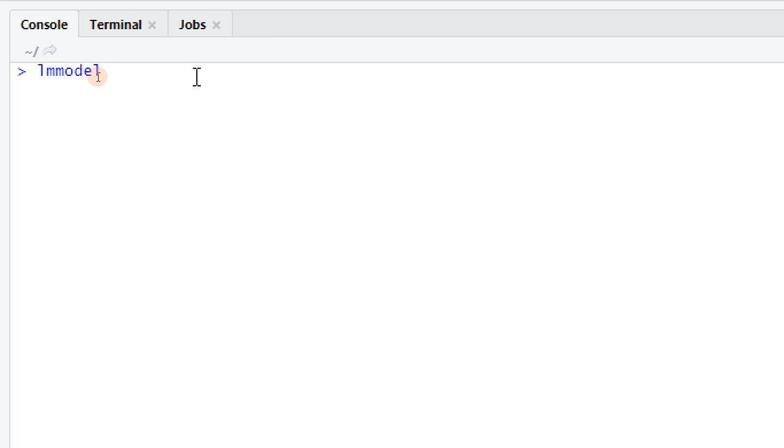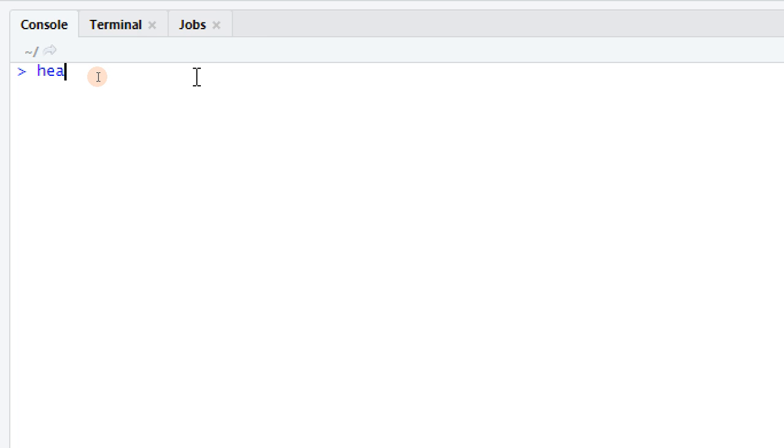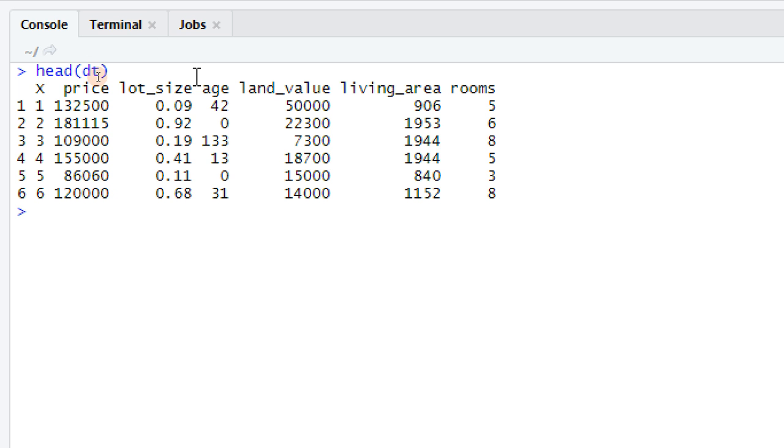What is the first parameter of the function lm? The first parameter is the formula. So what variables do we have in the houses data set? Before that we will see the head of DT. These are the variables: price, lot size, age, land value, living area, and rooms, right?